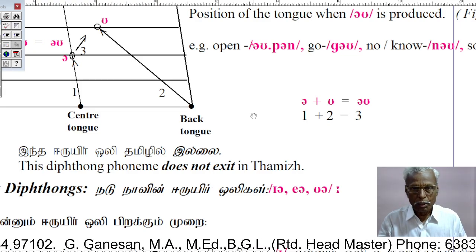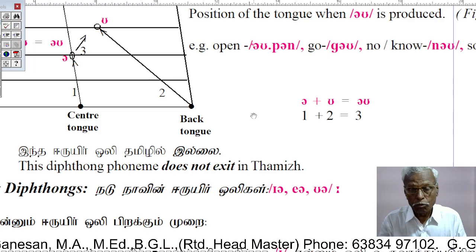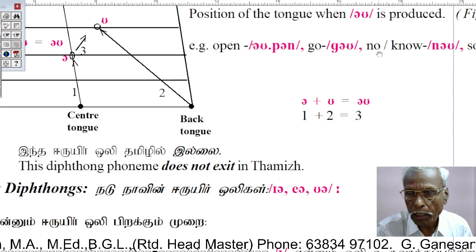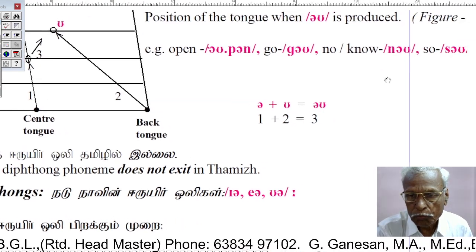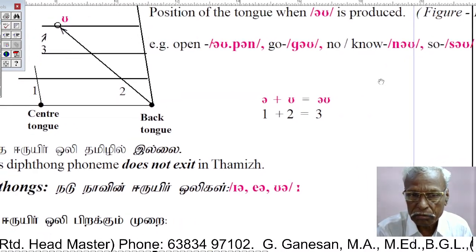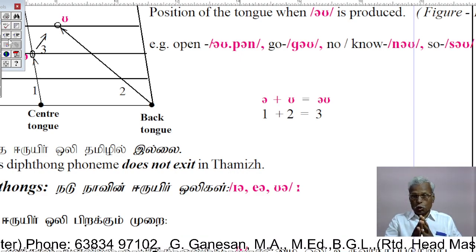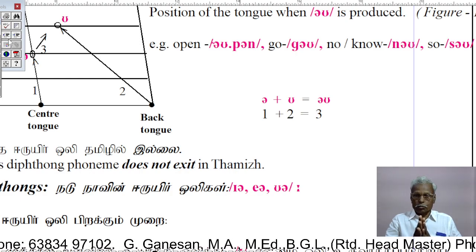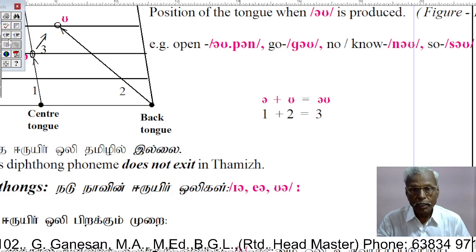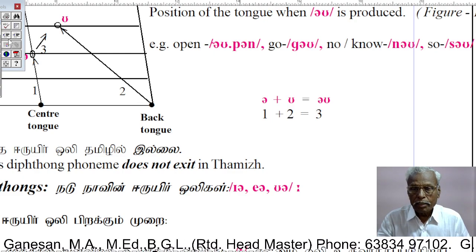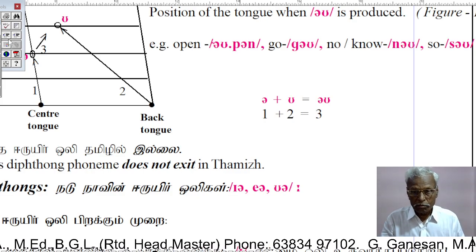Not go, not open, not no. N-O, K-N-O-W, diphthongs. Then so. Again, no, not so. Open, go, no, so.